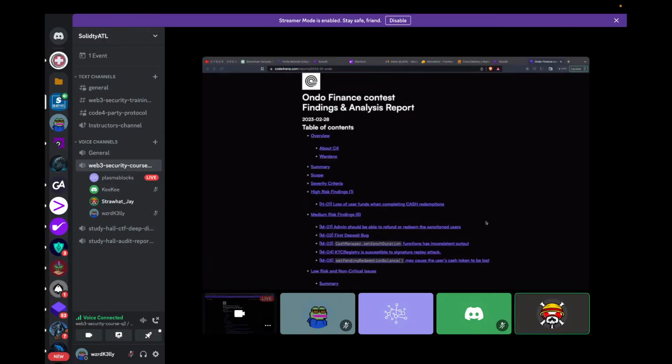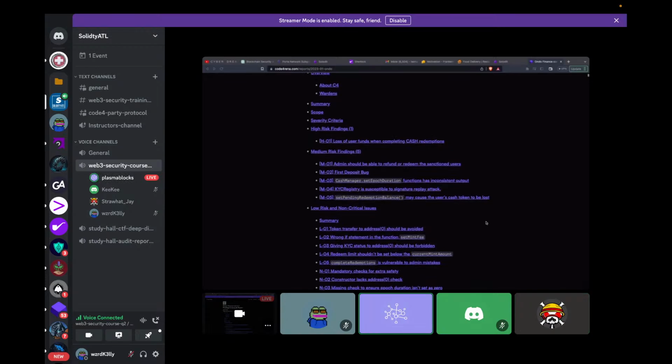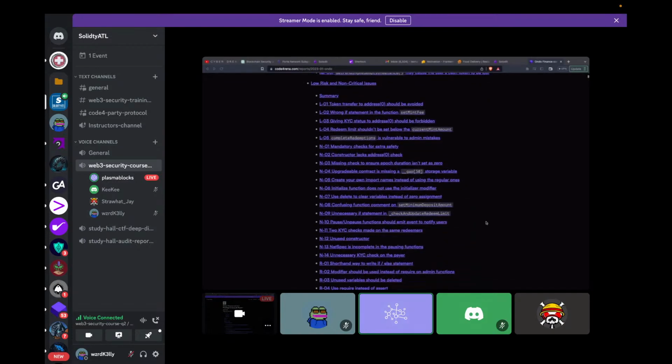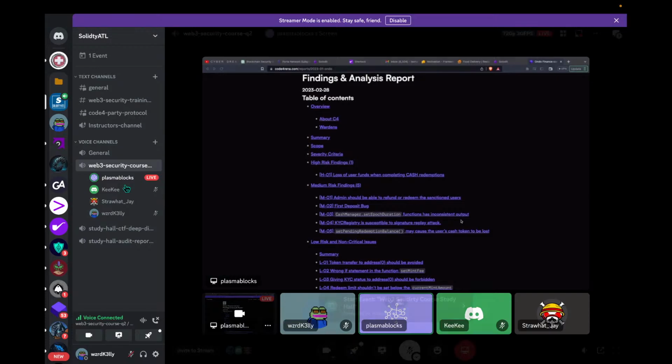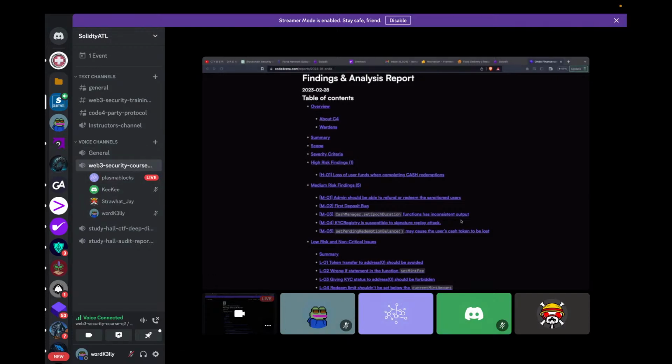Yep. So the first thing that I would note is the formatting of this top section. In most audit reports, not just on Code4rena or Sherlock, there's a structure that starts with the table of contents, just breaking down how things are broken down.